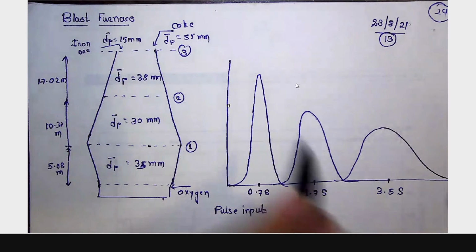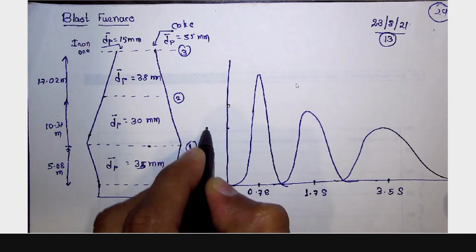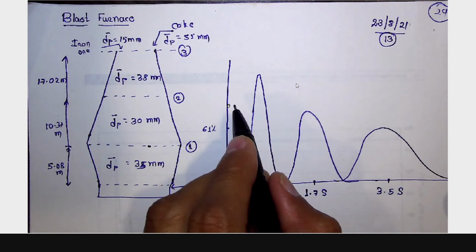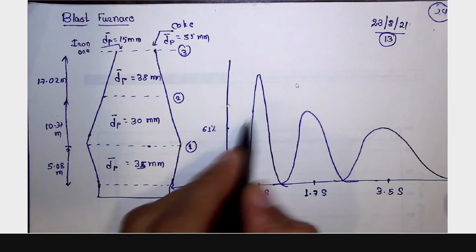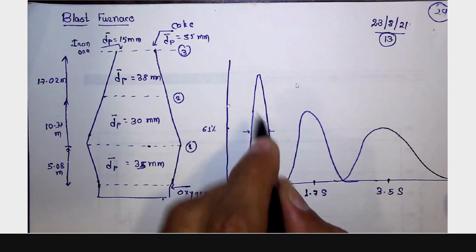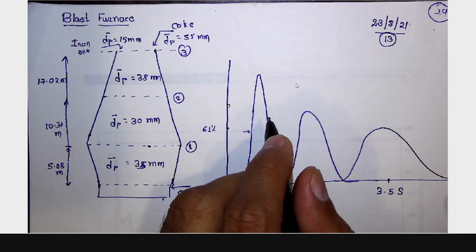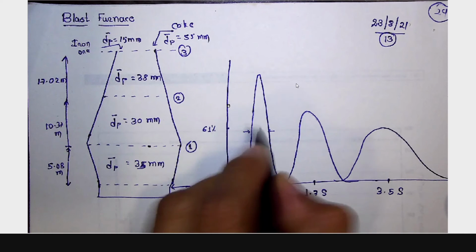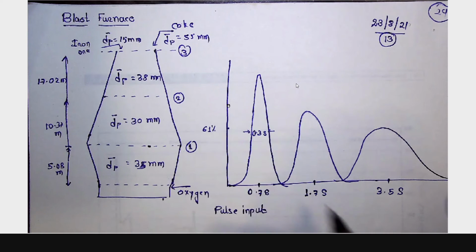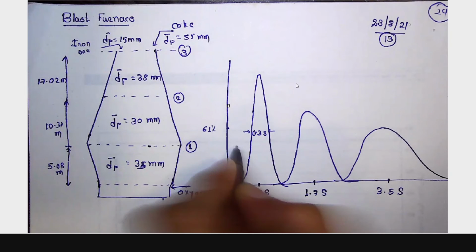For this particular one, it is mentioned at 0.61. That means 61%. So these values are given as 0.3 second. It should be a little bit low.